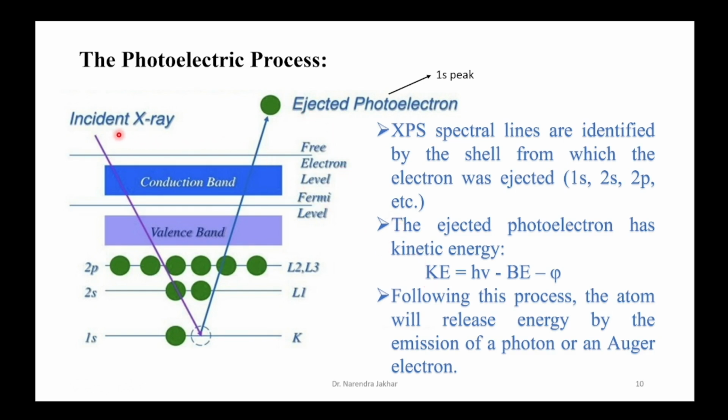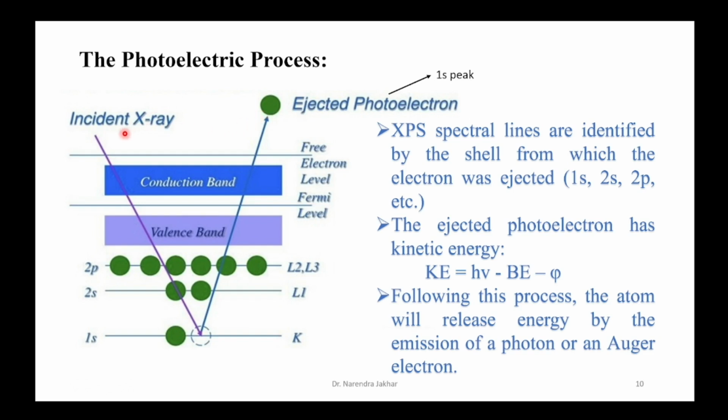And when these incident X-rays fall on the sample surface, this is the atom present in our sample. These are the energy levels of the atom. In the previous slide, this was the figure for the anode material. Now X-rays are incident on the sample surface, and the 1s electron is knocked out from this atom.